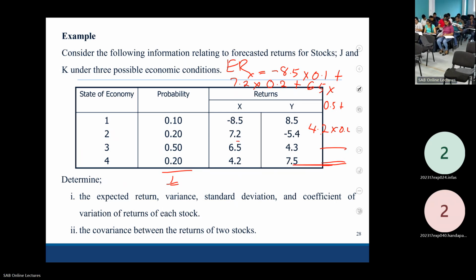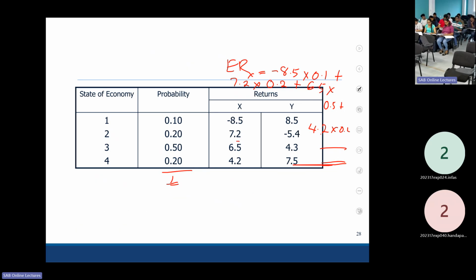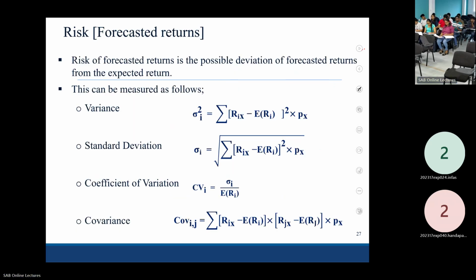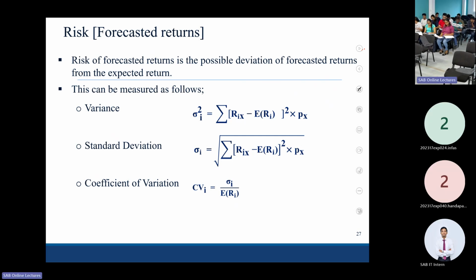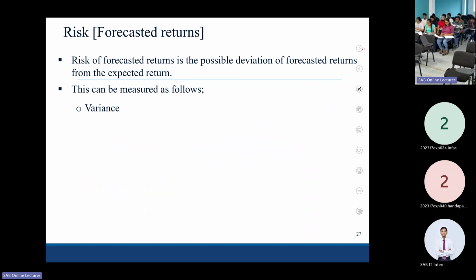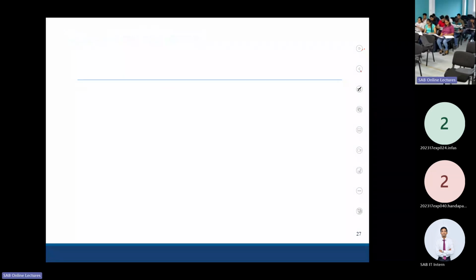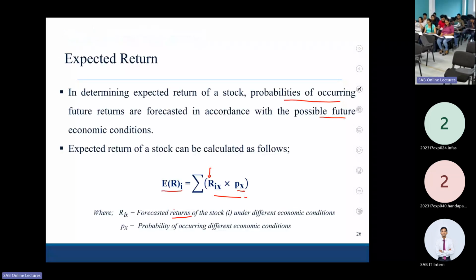That's the sum. You can see if you go to the previous slide. This is the expected return. Expected return is equal to the forecasted return under the state of economy multiplied by the relevant probabilities, and sigma.